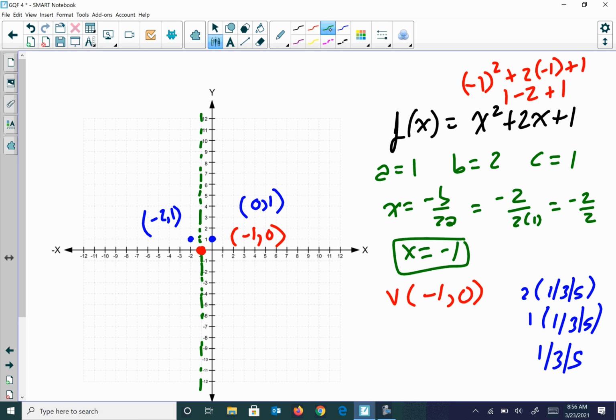Next point: over right 1 and left 1. Okay, I want to change colors though. 1, 2, 3. What are those points? 1, 4. Yes. -3, 4. Good.